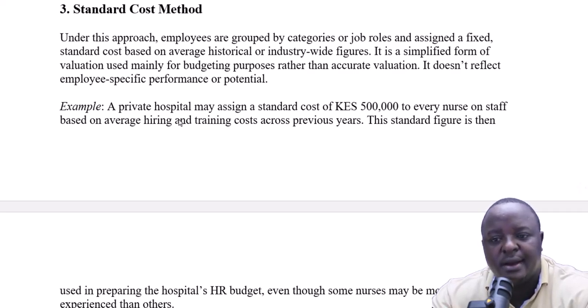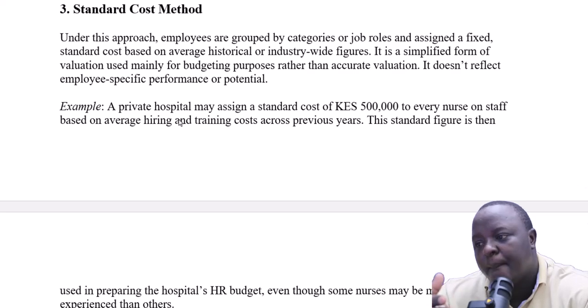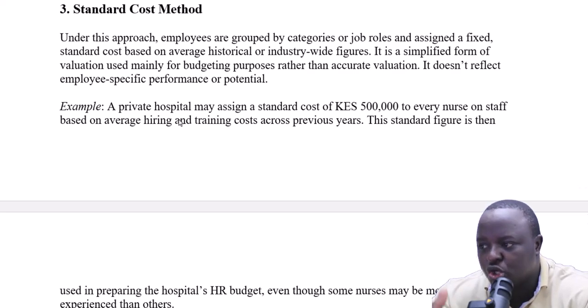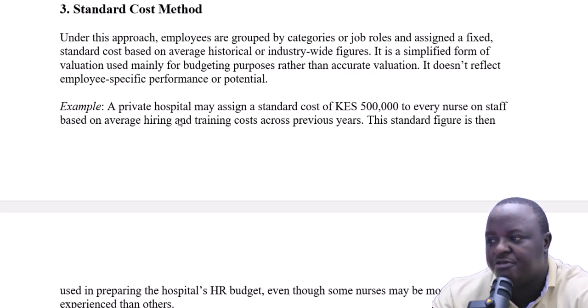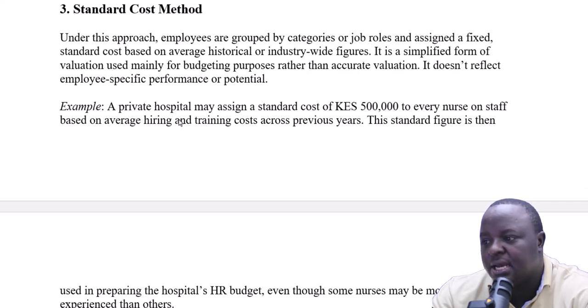So if you are 10, the budget that is going to be allocated for that exercise will be 500,000. Under this standard cost method, employees are grouped by category or job roles and assigned a fixed standard cost based on average historical or industry-wide figures. It is a simplified form of valuation used mainly for budgeting purposes rather than accurate valuation, so it doesn't reflect the employee's specific performance or potential.